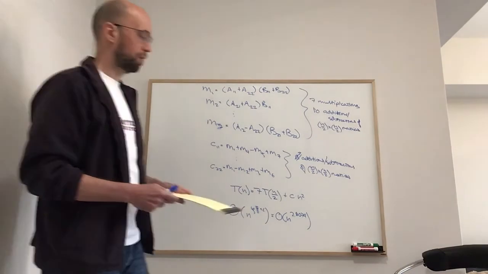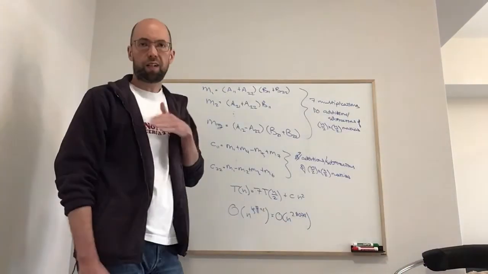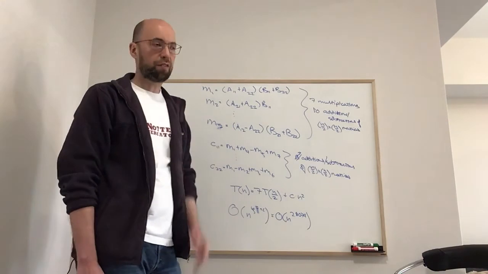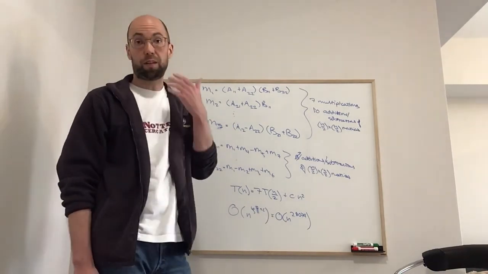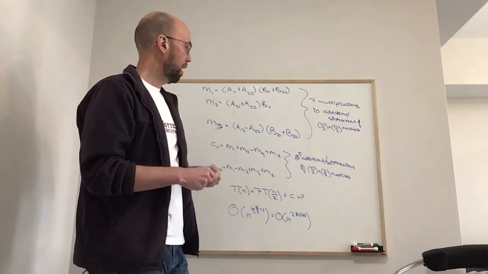There were a bunch of algorithms that got a little bit faster, a little bit faster, a little bit faster. Notice you can't go below n squared because that's the actual size of the input and the output.